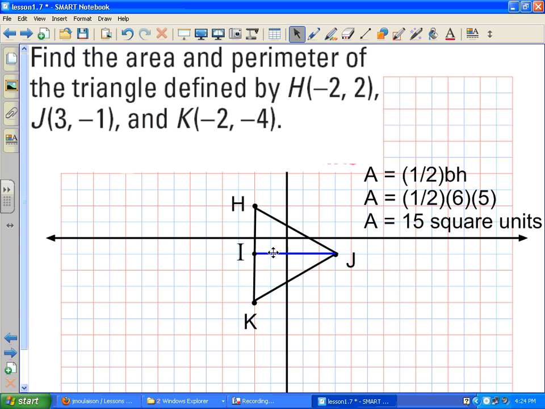So that's the length of this horizontal segment. Once again, because these 2 points lie along the same horizontal line, I can actually count the units to determine that length as 5. And half of 6 times 5 comes out to be 15 square units, 1/2 base times height. The area is 15 square units.